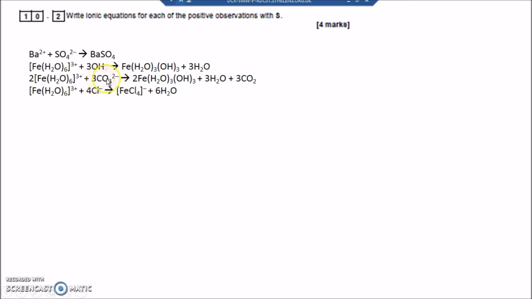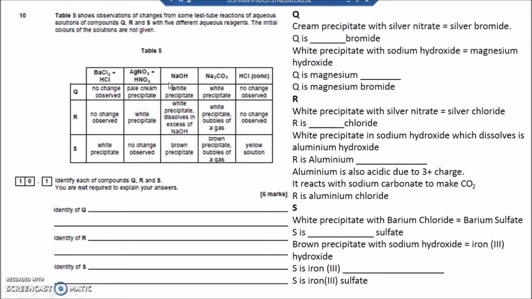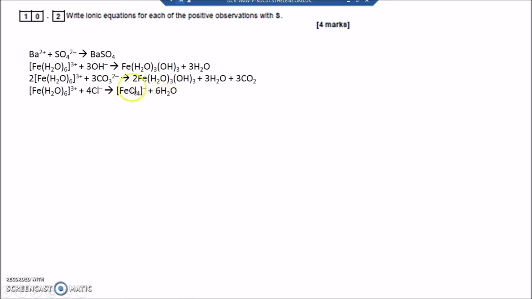Carbon's in plus 4, so there must be 2 minus left over. The carbonate ions are making the brown precipitate again, which is Fe(H2O)3(OH)3, iron 3 hydroxide, same as before. It'll make some water, and it'll make some carbon dioxide as the bubbles of the gas.